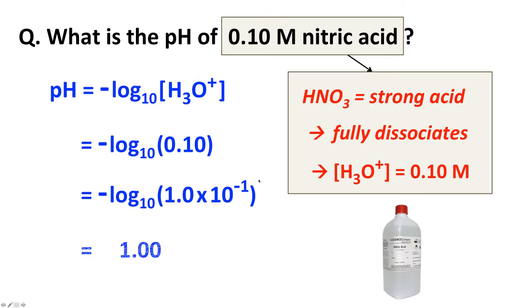And this happens to be an easy number. Negative log base 10 of 1 times 10 to the minus first is negative negative 1, which is positive 1. And so with the right significant digits, the pH of this solution is 1.00. If we had a more concentrated nitric acid solution, we can get a pH of 0 or even a pH of negative values for a more highly concentrated nitric acid solution.